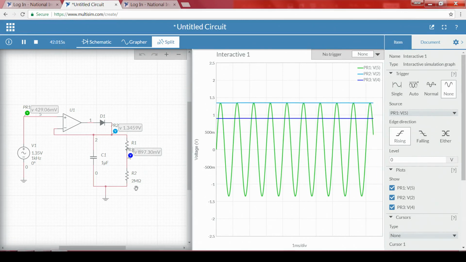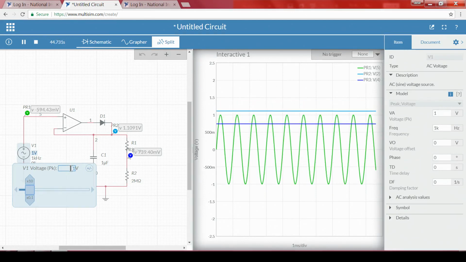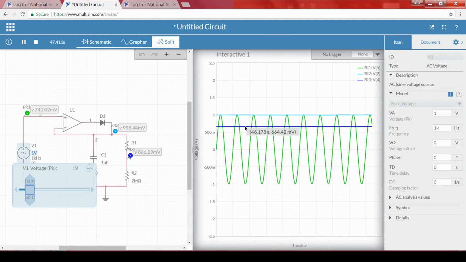Now, to understand that, let me change the input voltage to 1 volt. Now observe, 664 millivolt. That means it is properly following the threshold point that we set.